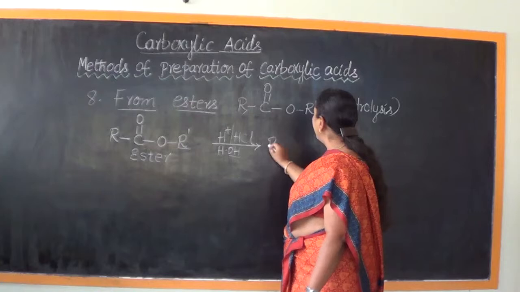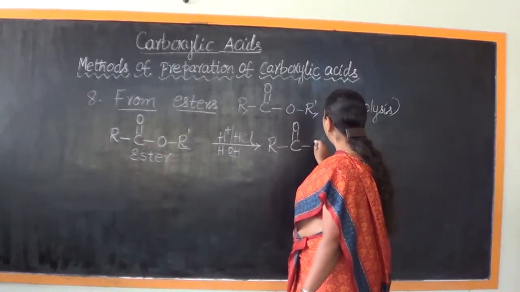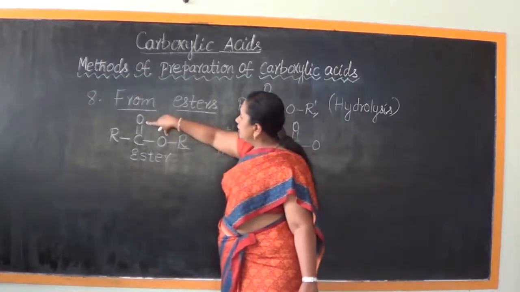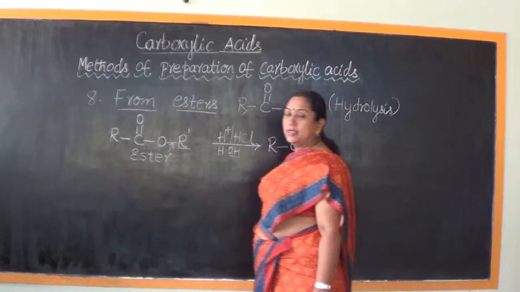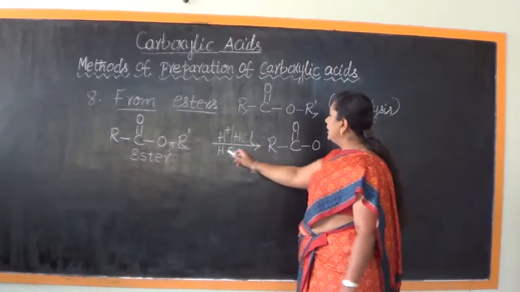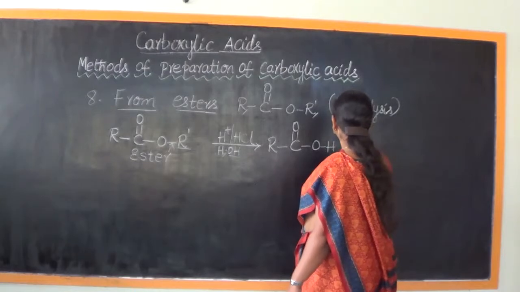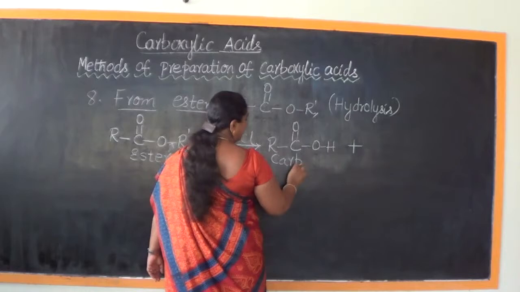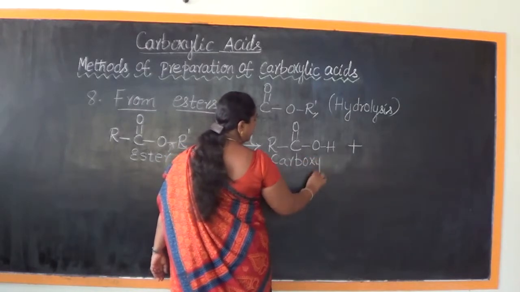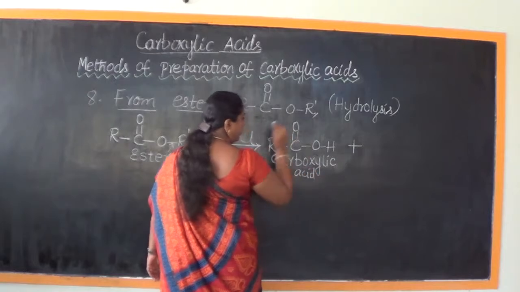So, what are the different products we are going to get? R, CO, O: these things remain intact. Now, this O and R bond gets cleaved. In that place, hydrogen from water will be taking an attachment, forming the carboxylic acid. So, we are going to get the carboxylic acid directly by acid hydrolysis.